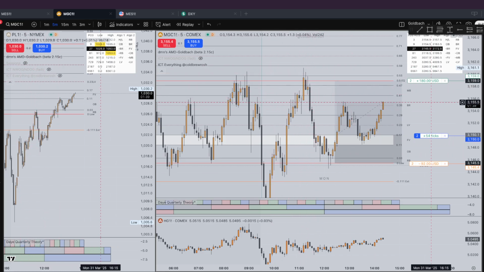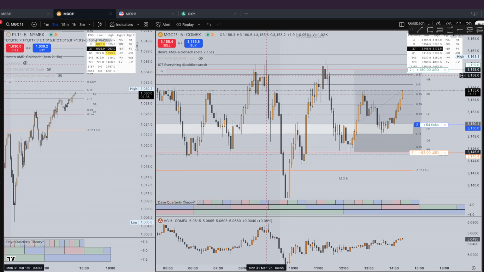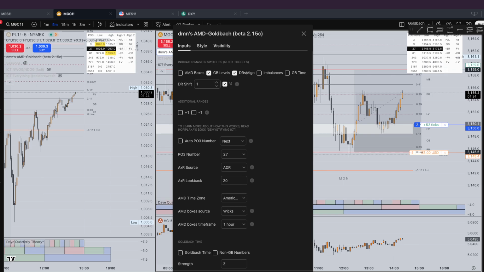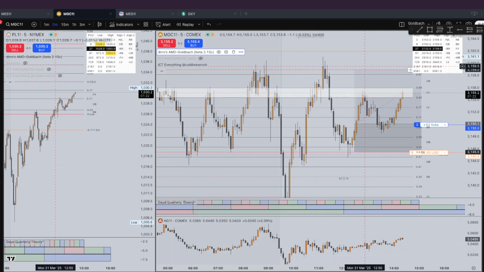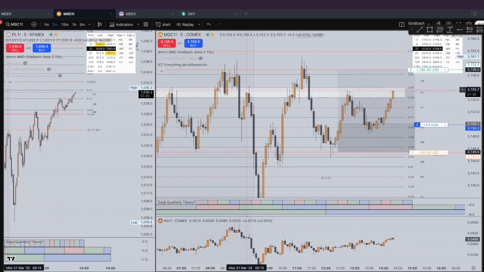So how will you take that trade? This is kind of like a macro. So this retracement into that fair value gap didn't happen at macro time. It happened at 9. So right after the macro, it happened and it went.